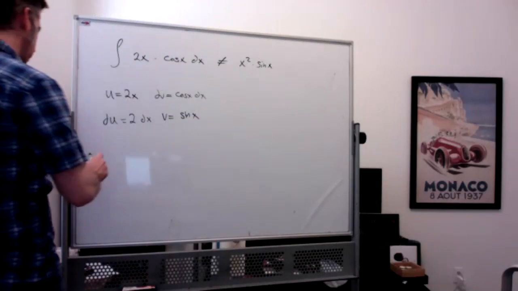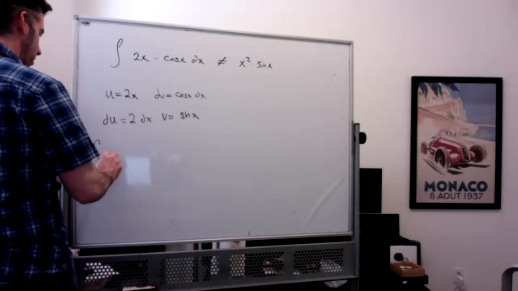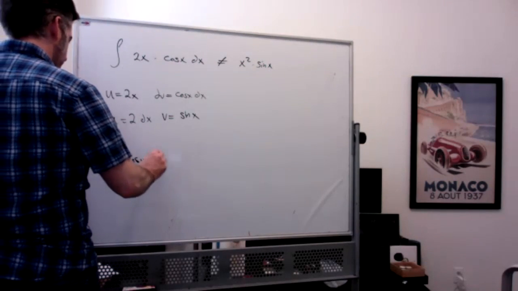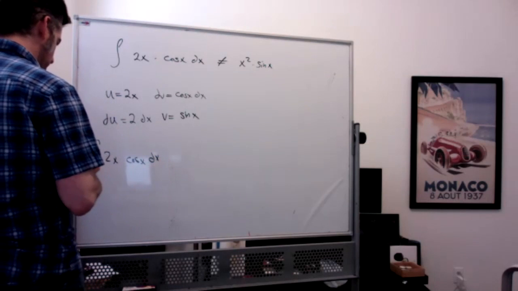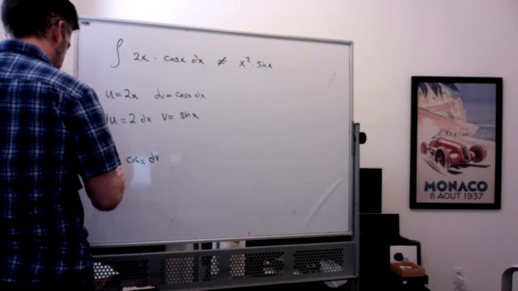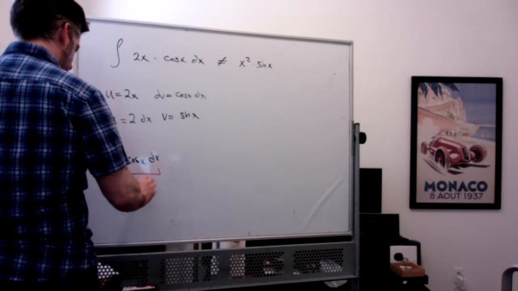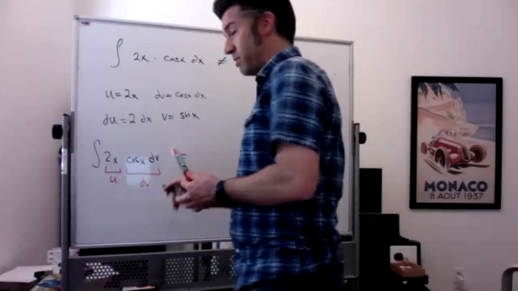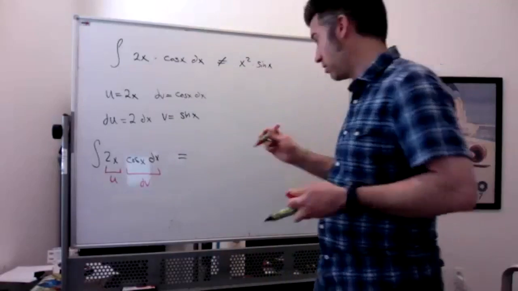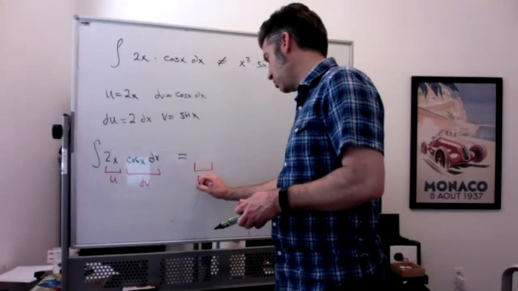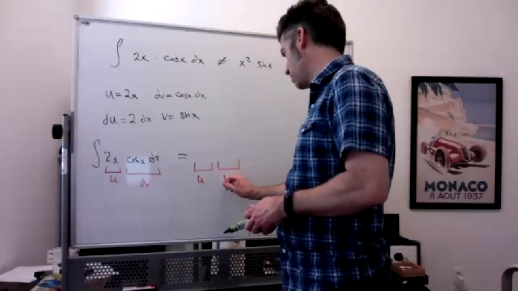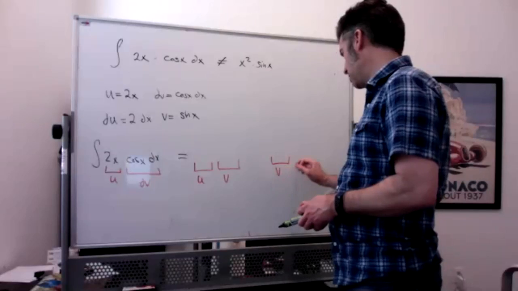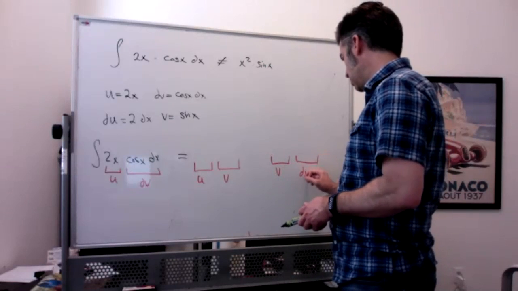My integral of u dv is going to equal, because of the formula that we just talked about, u times v minus the integral of v du.